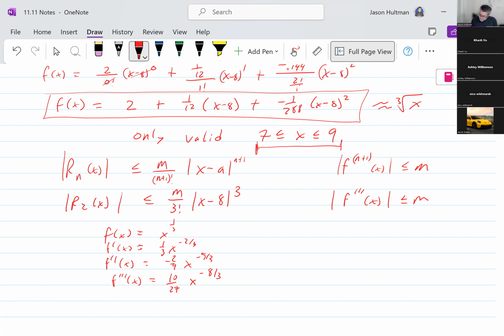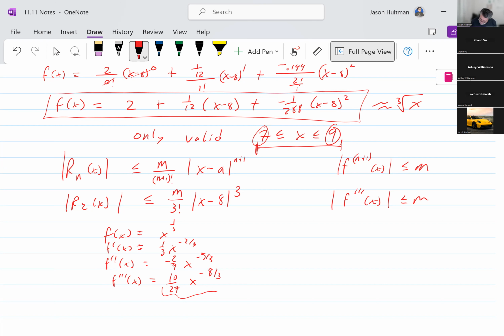Okay, now we're saying that this is less than or equal to m. Well, how do we get this guy to be less than or equal to a number? Okay, well, we'd have to plug something in for x. And what we do is we plug in our endpoints. Okay, where it's only valid from 7 to 9, those endpoints, because that's the interval.